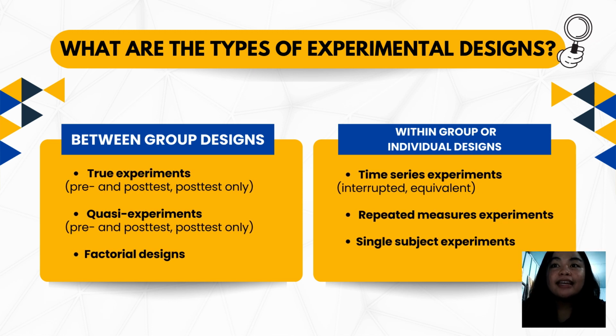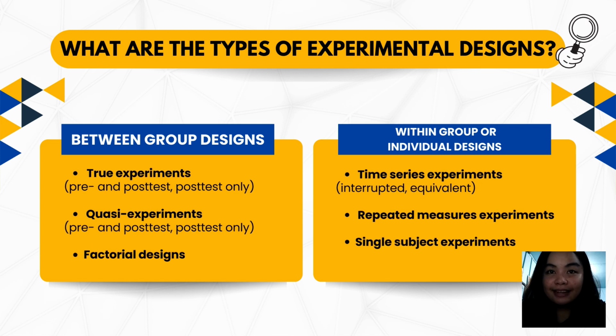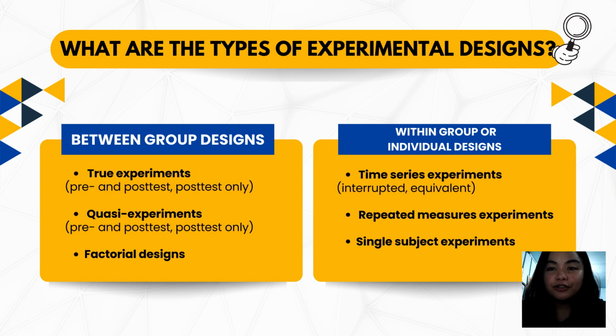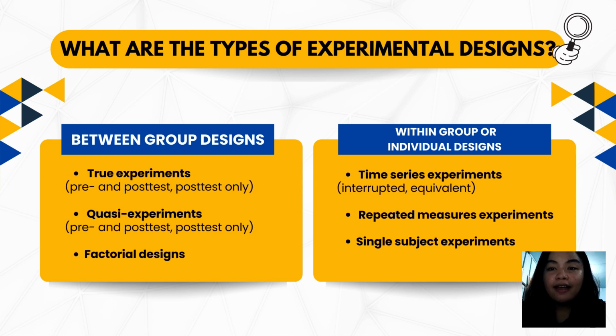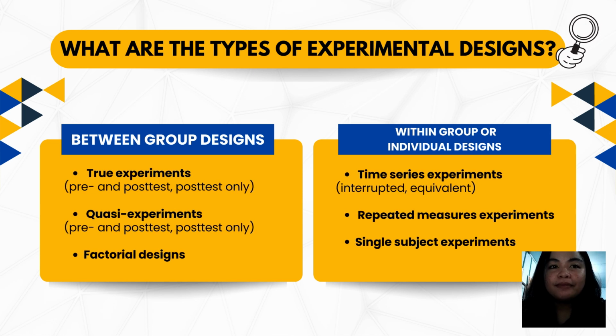And then next, within group or individual designs. These are time series experiments. Think of this as before and after studies, either interrupted or equivalent depending on how the study is structured. Second, repeated measures experiments. Here, the same individuals are measured multiple times.